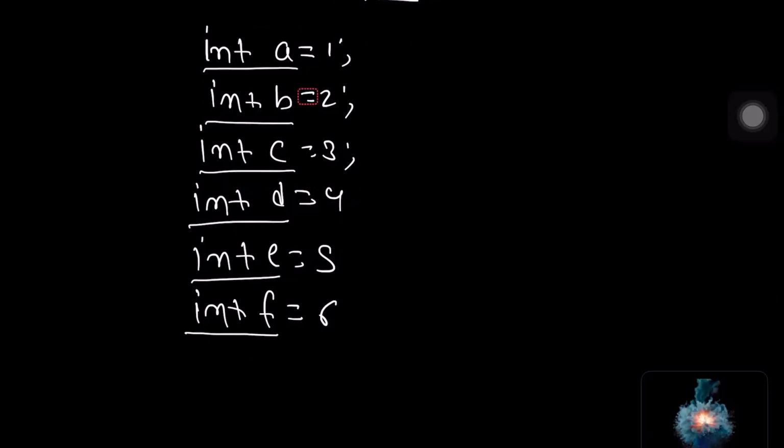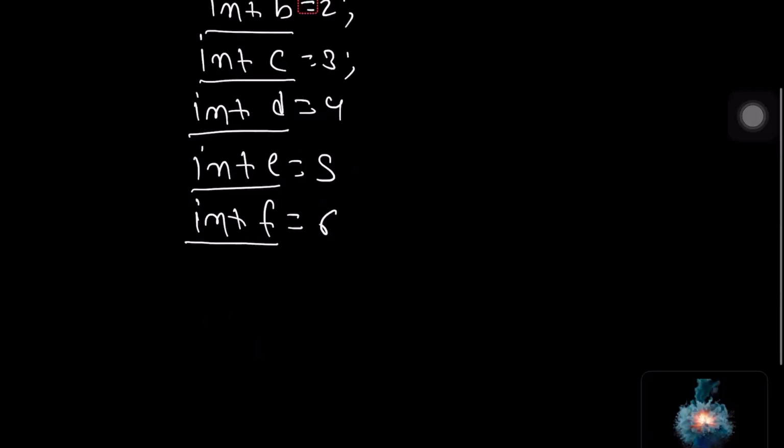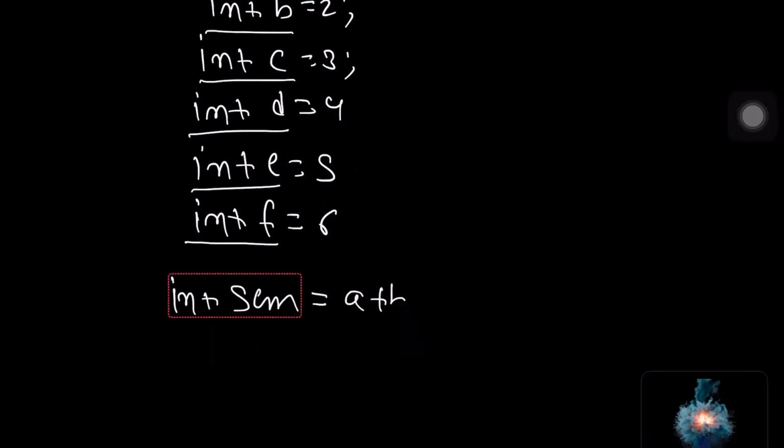So right now what is happening? To store one, we declare one variable, which is integer type. To store two, another integer type. So basically we have a similar type. And what is the main reason that we declare multiple integer variables? The reason is I just want to perform addition. Int sum equal to a plus b plus c plus d plus e plus f.